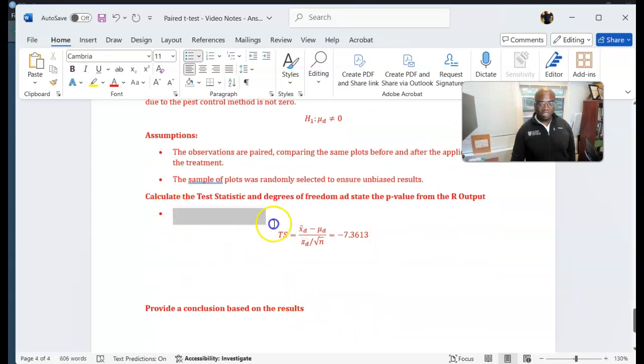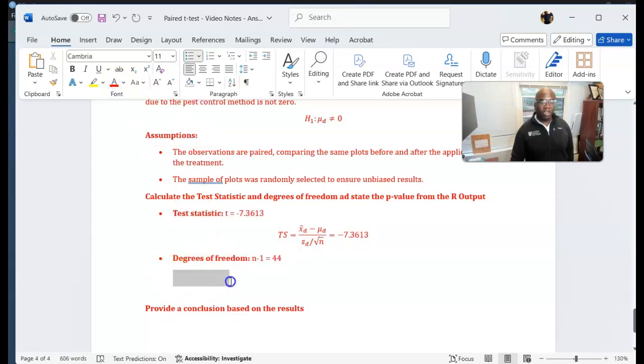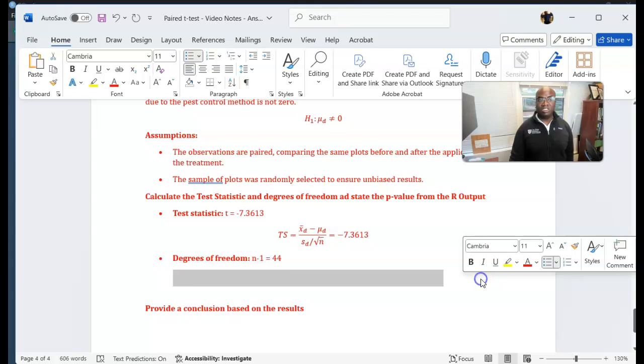That is our test statistic. Our degrees of freedom is n minus 1, which gives us 45 minus 1, which gives us 44. And then finally, our p-value is extremely small.